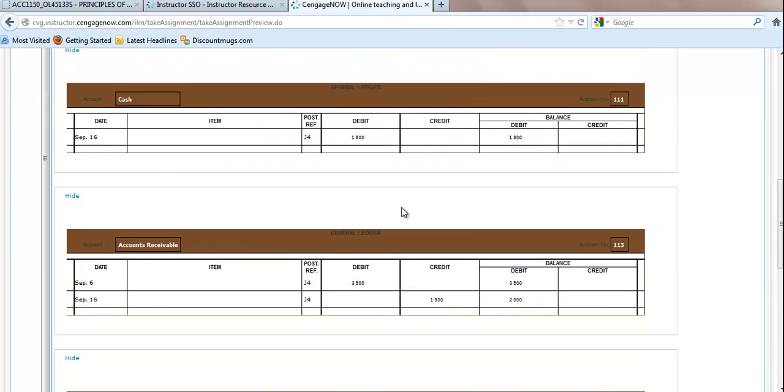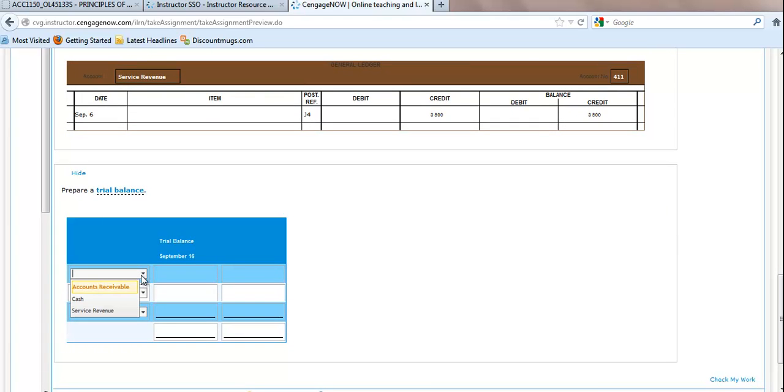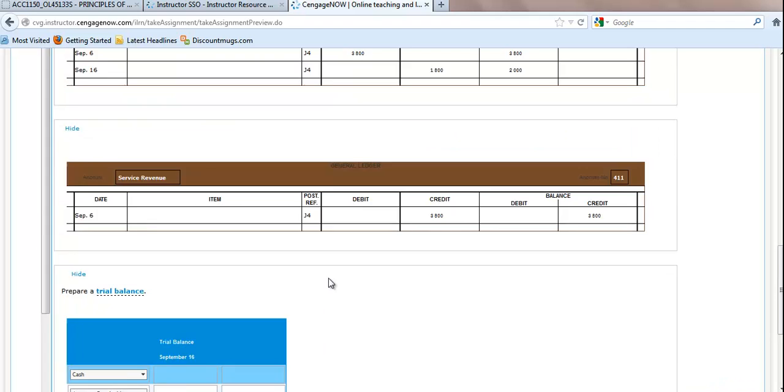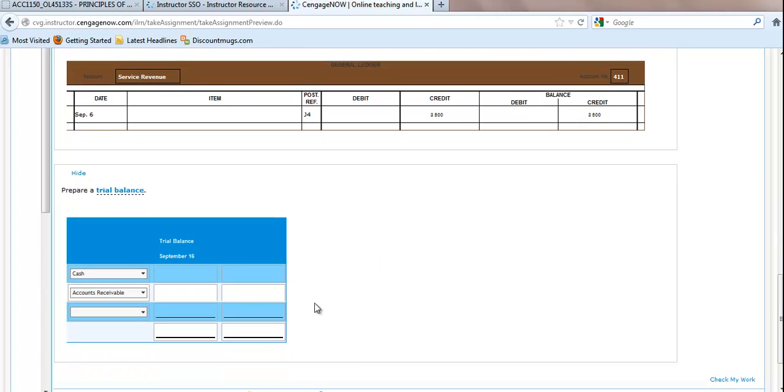You'll also know that they're assets because all of our assets have account numbers that start with a 1. This will also help you put them in order, because they go in numerical order as well. So I'll put cash and accounts receivable. The balance of my cash account again is $1,800 and the balance of my accounts receivable is $2,000.